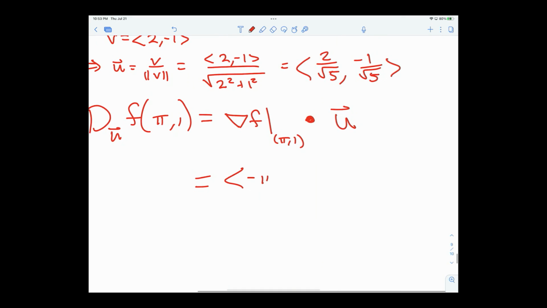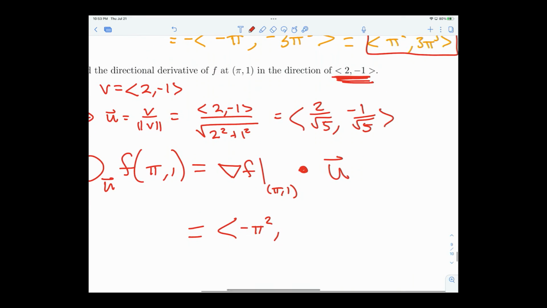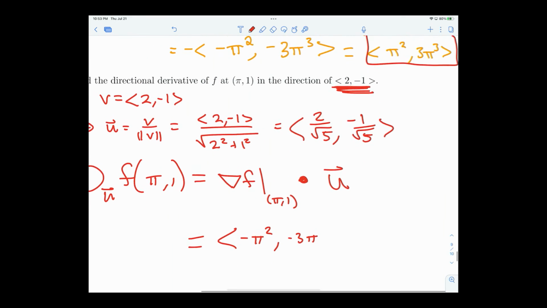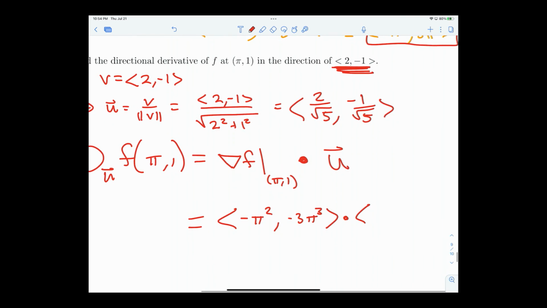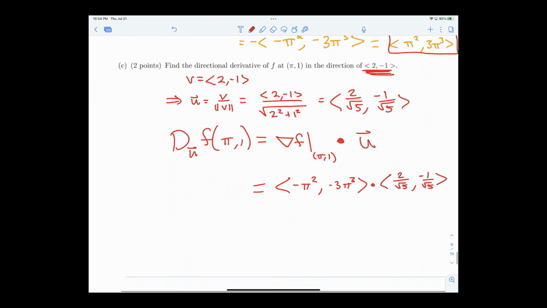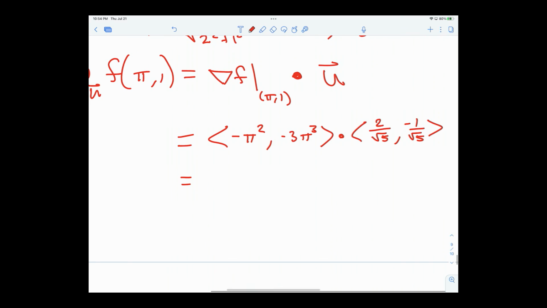Negative pi squared, negative 3 pi cubed, and then dot product with 2 over root 5, negative 1 over root 5, and this is a dot product, so we actually have to do that dot product. So we multiply this by this.